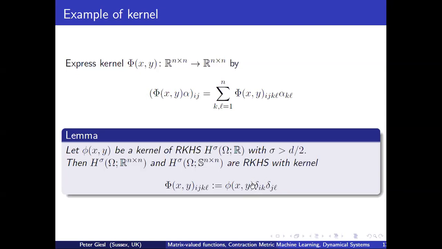So as usual, delta ik is 1 if i is equal to k and 0 otherwise.